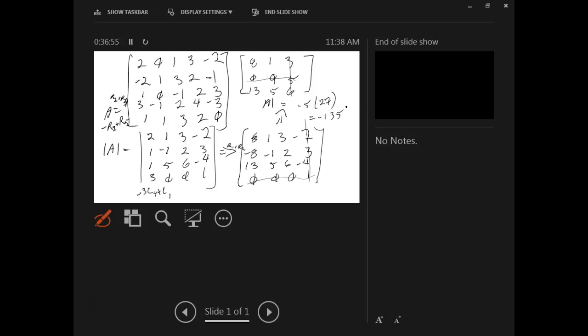Using just the cofactors and minors from the previous page, you would have about 324 operations to do. You have some zeros in there, so that would save you a little. But using row reduction, you're down to 75.